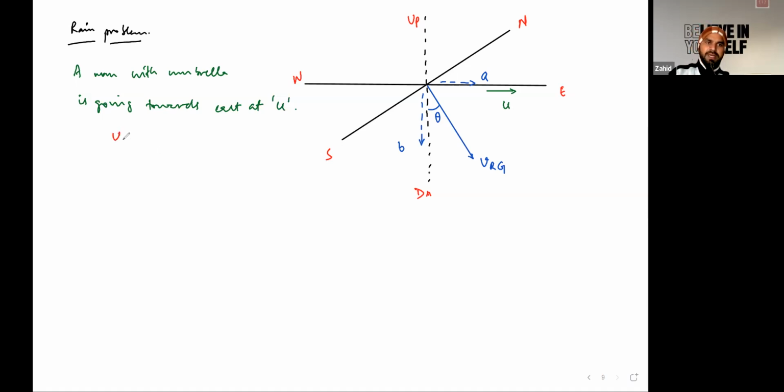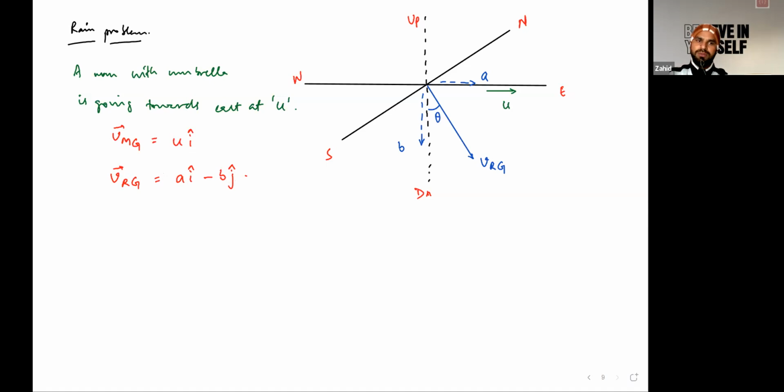So the velocity of man with respect to ground will be u times i cap. And the velocity of rain with respect to ground will be a i cap minus b j cap, since b is along the negative y-axis.